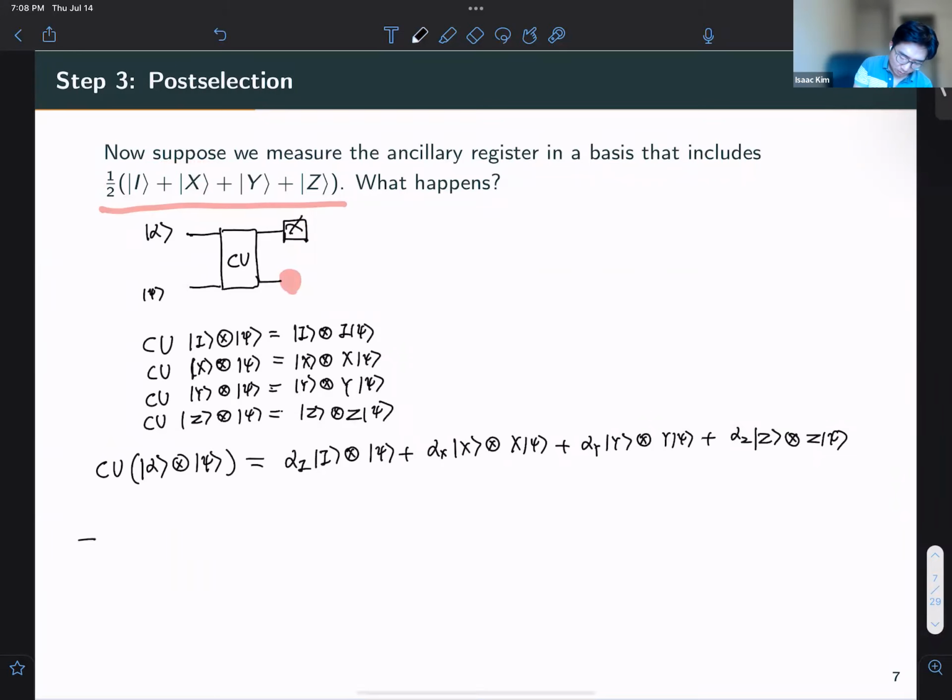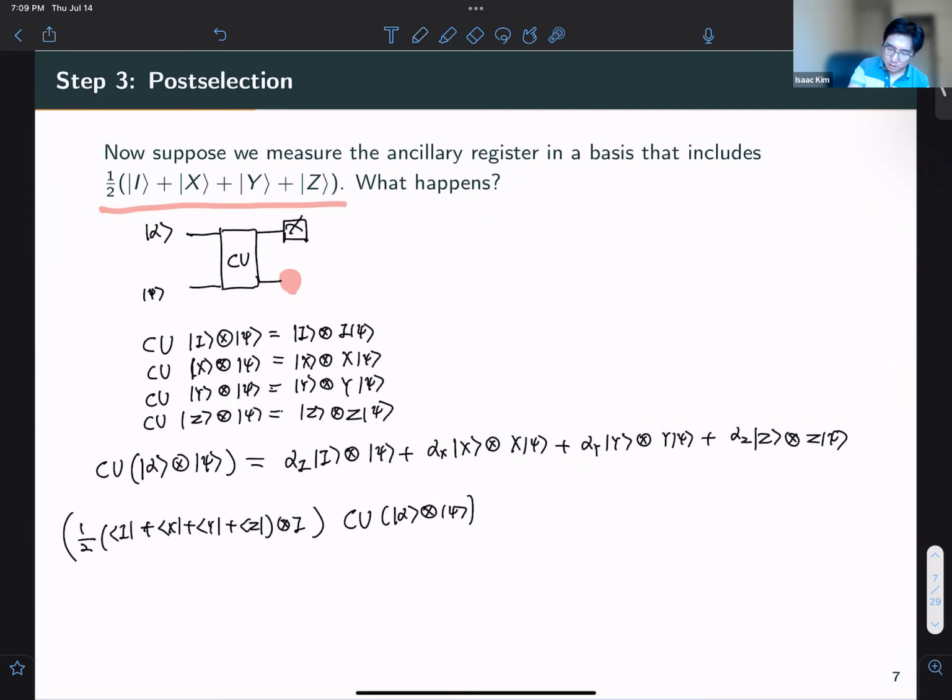What we simply do is apply the bra version of this thing to this state. And let me remind you that this is exactly equal to that. So here we have an exact expression for this state.